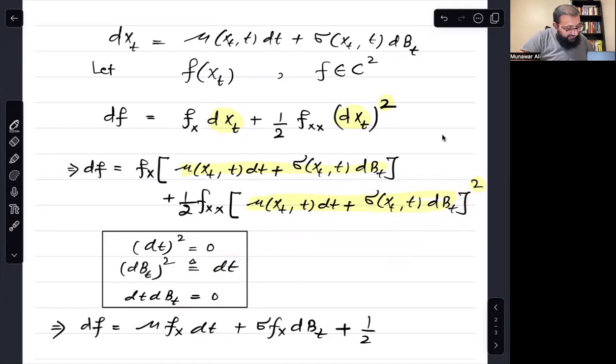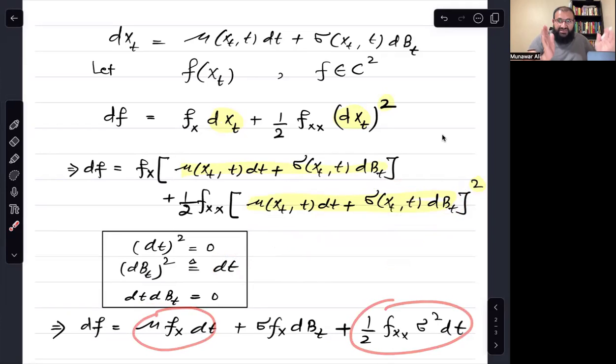So I have 1/2 fxx sigma square dt. Now you can see here, I have a term corresponding to dt. I will keep these terms of dt together and keep the dbt term separate.